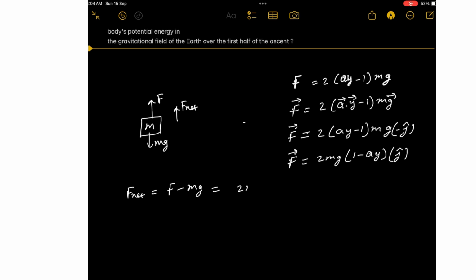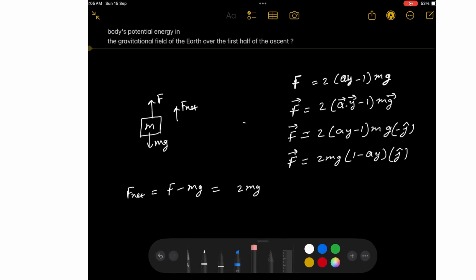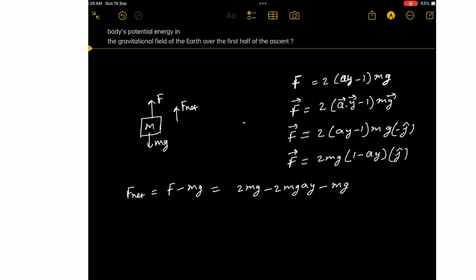This F applied is 2mg minus 2mg ay, and minus mg. Now net force is mg minus 2mg ay.